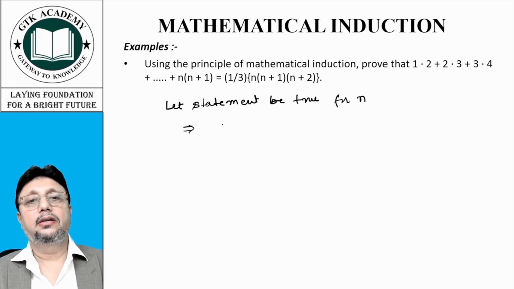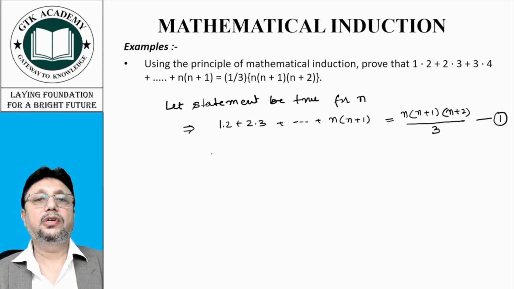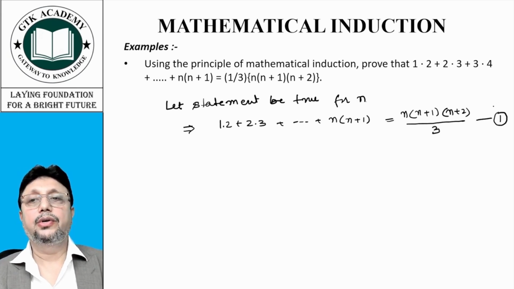This implies that 1 into 2 plus 2 into 3 plus and so on plus n into n plus 1 is equal to n into n plus 1 into n plus 2 whole divided by 3. This is the first equation, equation number 1.